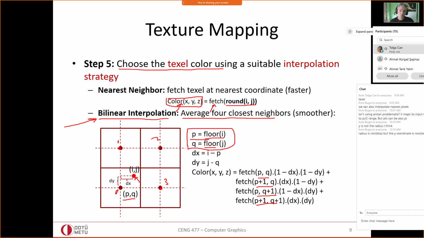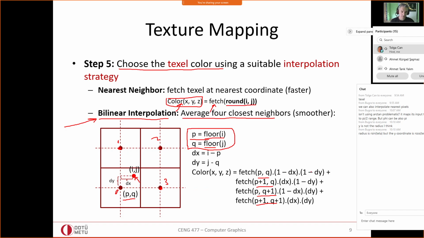And here it's called interpolation because the averaging of these 4 pixel values, texture colors, is not done equally. It's a weighted averaging of these texture colors by using the distance of our point to each of these texture coordinates.